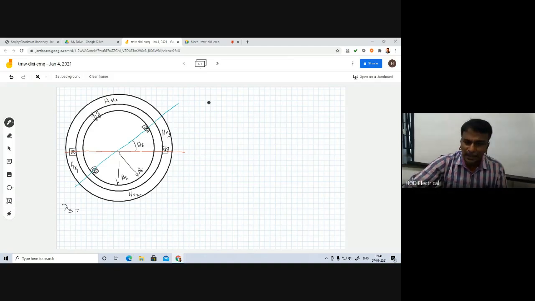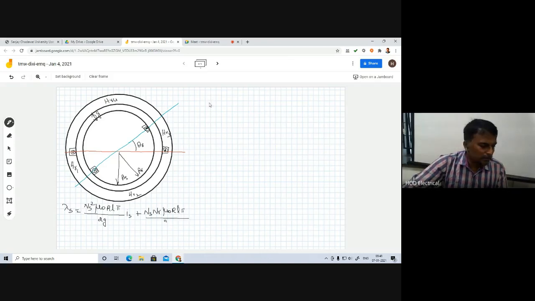We have derived it as Ns squared mu naught r l into pi divided by 2g into Is, plus Ns Nr mu naught r l into pi divided by 2g into 1 minus 2 theta divided by pi into Ir. So this is our stator inductance.